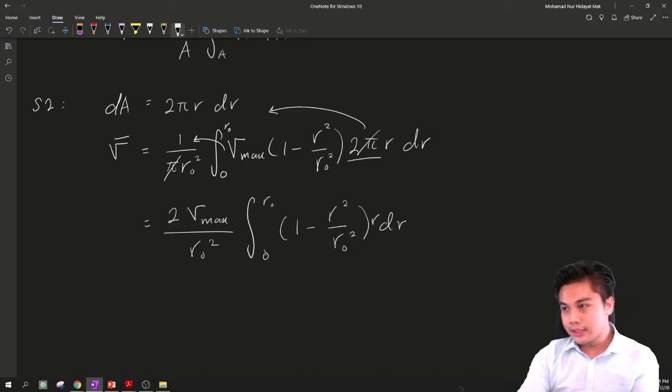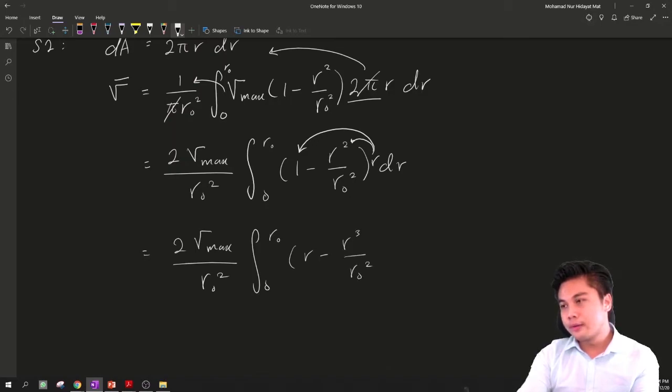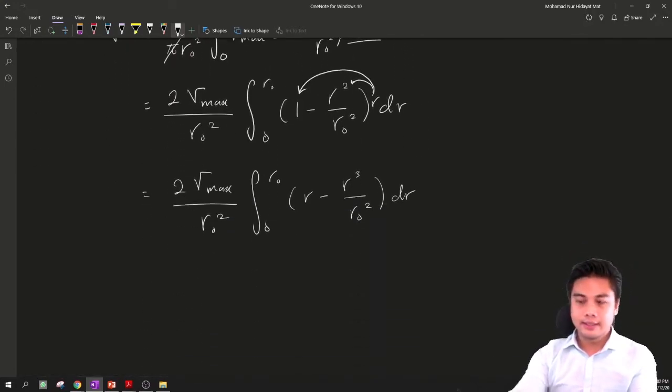So we can actually multiply this with R inside. So we get 2V max over R naught squared, integral from 0 to R naught of R minus R to the power of 3 over R naught squared dr. From here we can integrate directly.